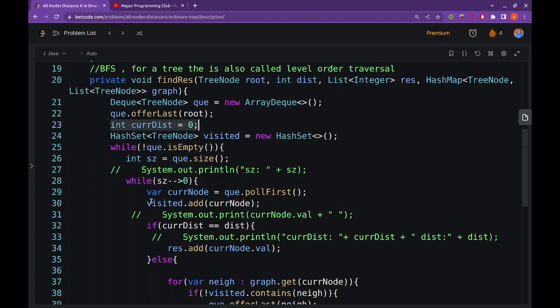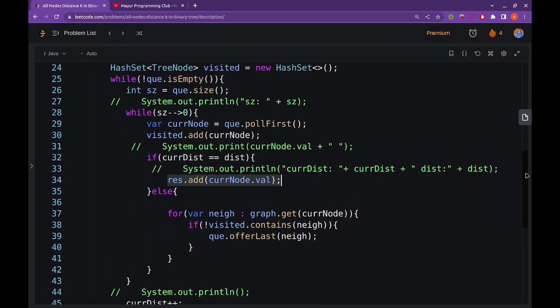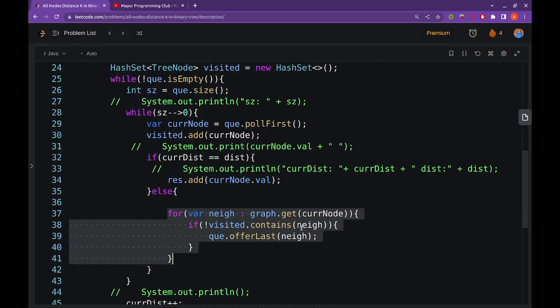And then if we have reached a level which is equal to the required distance, that is k distance apart from the new root, then we would simply be adding those nodes in our result list and not doing any other work. If that's not the case, then we would be doing simple BFS over the graph.